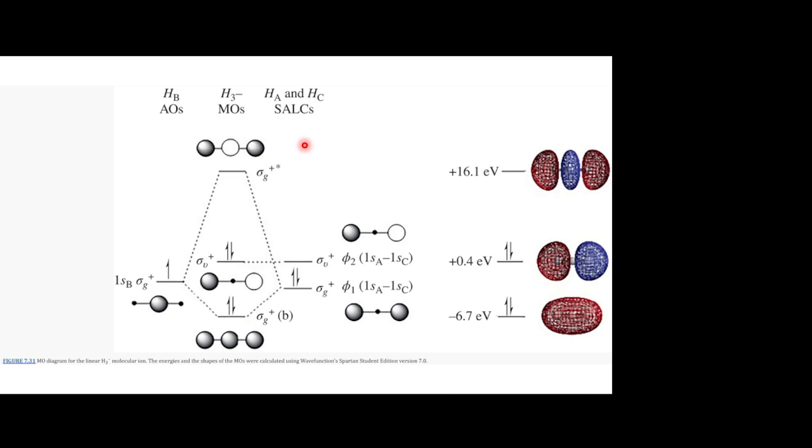So this right here is actually a molecular orbital diagram for a linear H3 minus molecular ion. And you can actually see here the different overlaps in terms of the bonding. And so, for example, this one right here is your bonding sigma. That's that direct overlap, and that's where all three of those s orbitals are overlapping constructively.